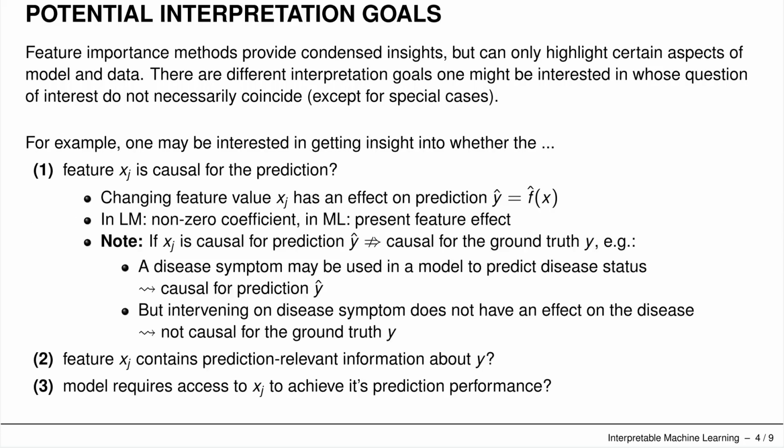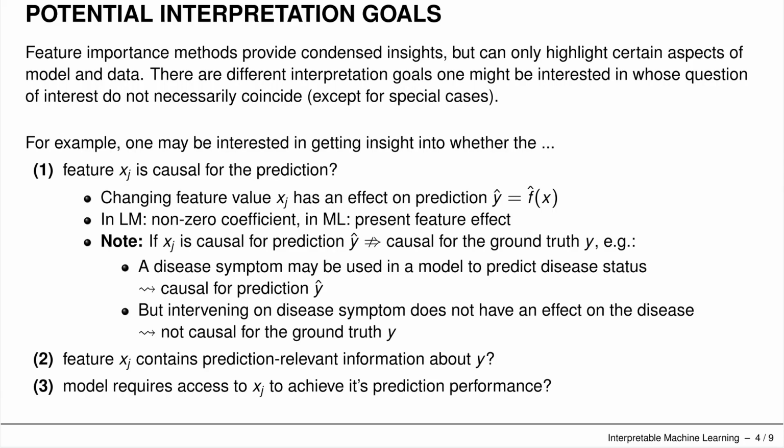Causal for the prediction means that if we change the feature value xj, that has an effect on the prediction y hat. So for example, in a linear model, this will always happen for a non-zero coefficient. Or in machine learning methods, there is some kind of feature effect present.